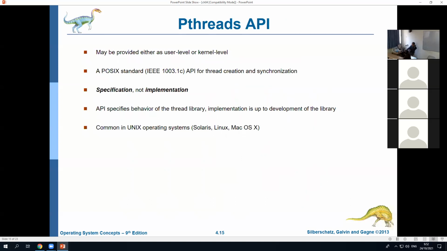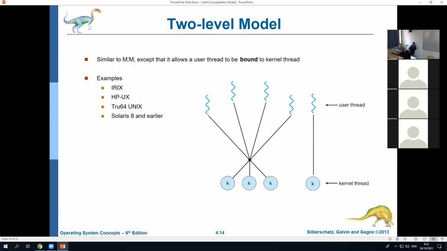So in this case, if a user thread is connected directly to a specific kernel thread and there's a problem with that user thread, it can't just move on to another one. He's stuck. This kernel thread is occupied by this thread. So if this thread is blocking, waiting for I/O, he's just waiting. But here, if this thread is waiting for I/O, he can move on and run a different one.